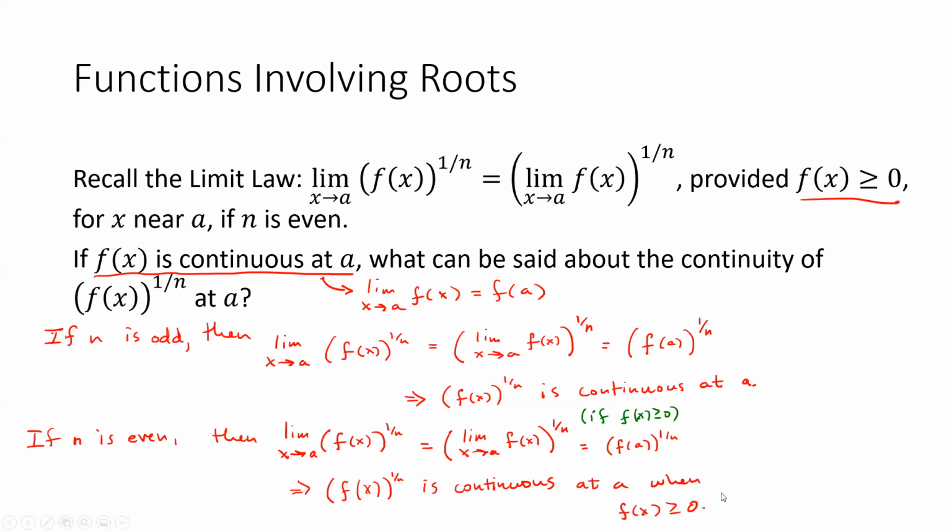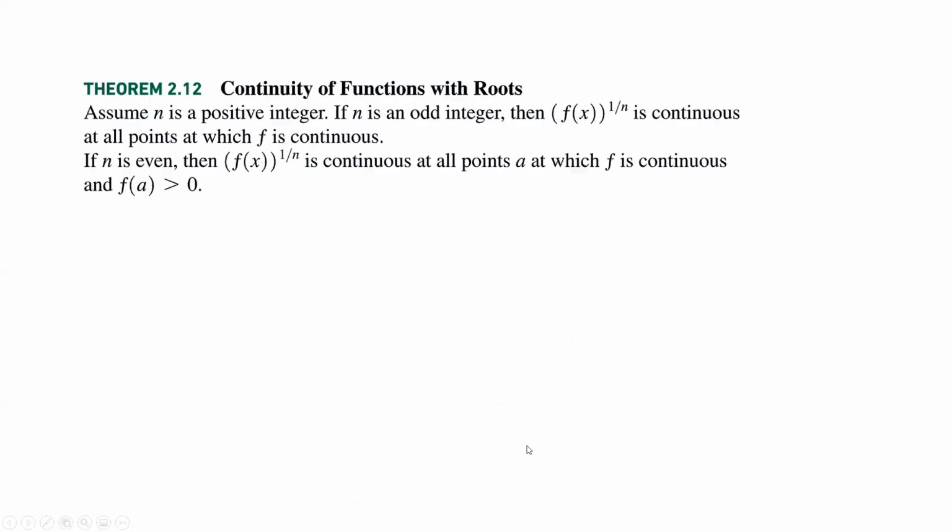Okay. So in other words, if I have a square root, for instance, 1 over n would be like a half power. If I have a square root, then we need it to be positive inside the square root in order to say it's continuous. And yeah, so that's what this theorem is saying here.